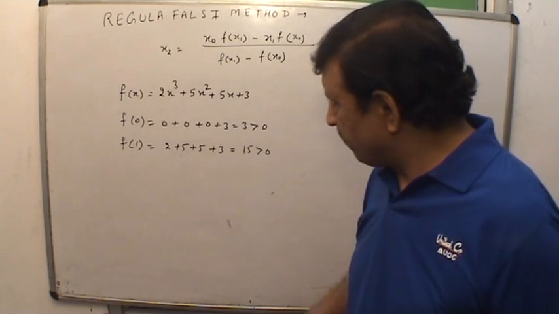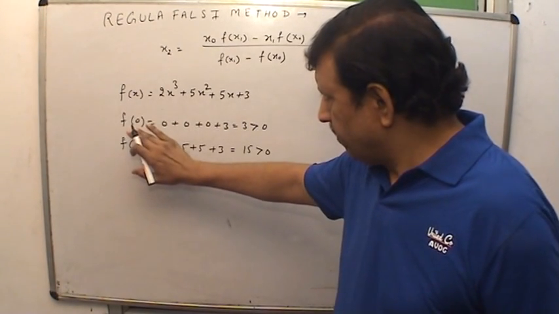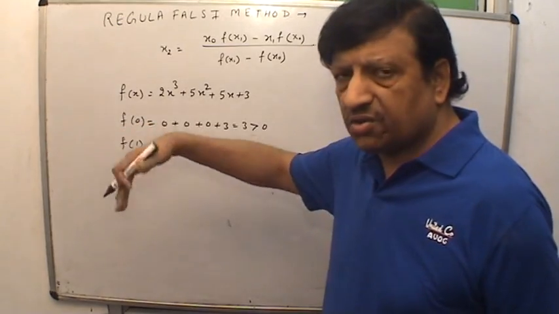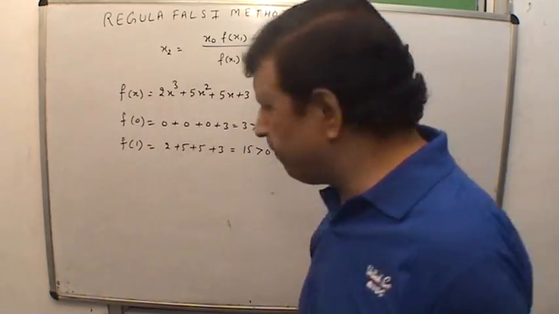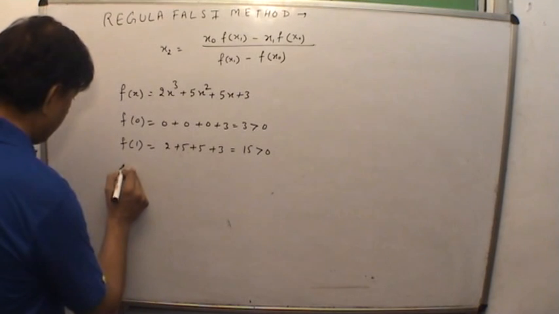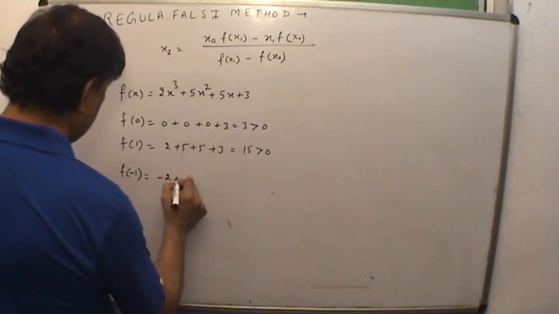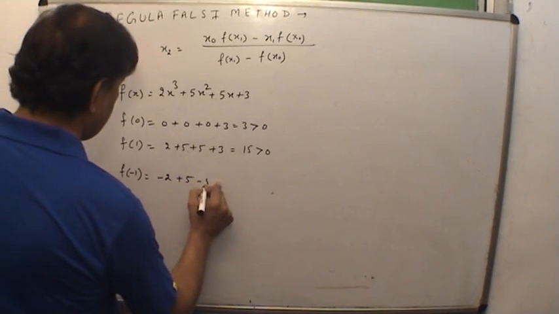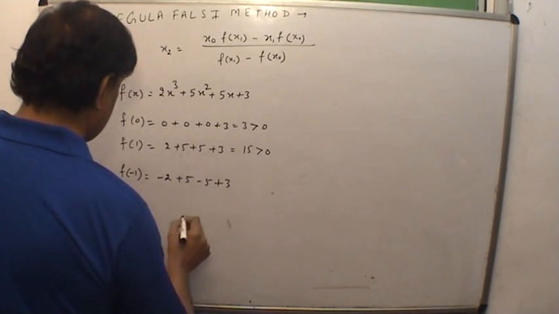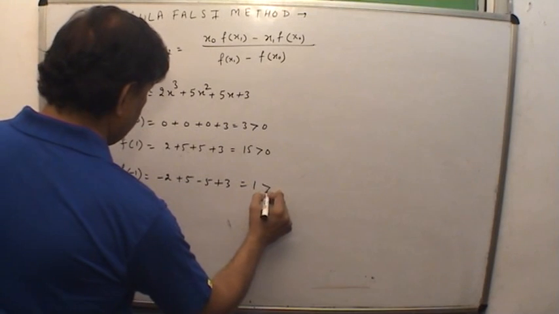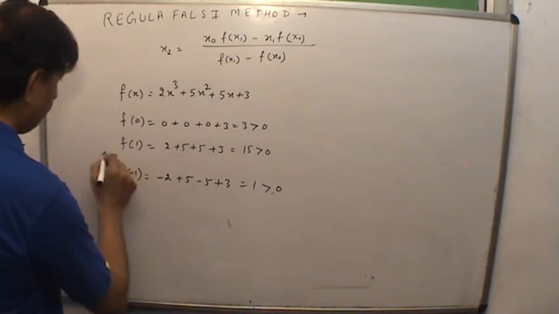So we proceed on the other side of 0, that is the negative values. Say f of minus 1 is equal to minus 2 plus 5 minus 5 plus 3, that is equal to 1, greater than 0.